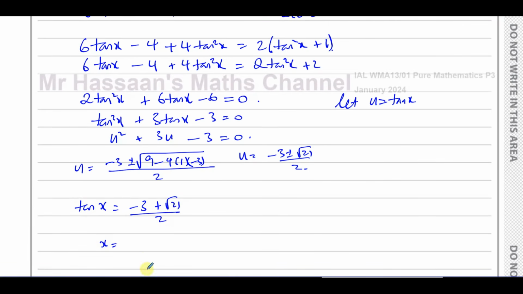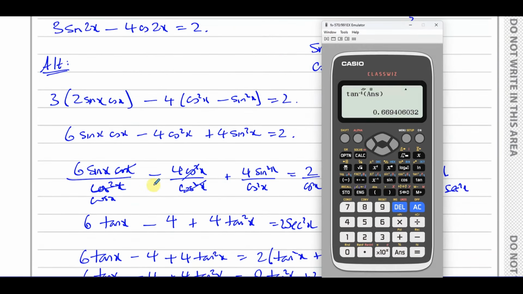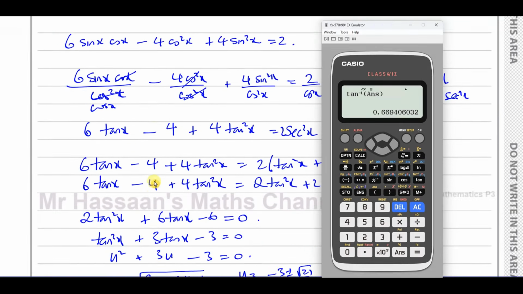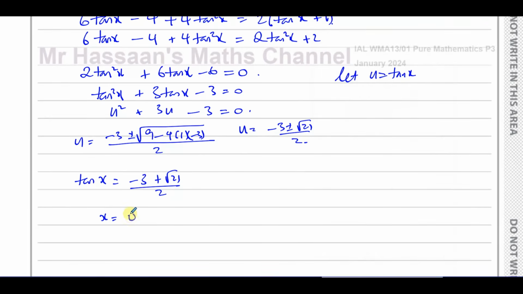So x is going to be inverse tan of this answer. So you got x equals 0.66940.